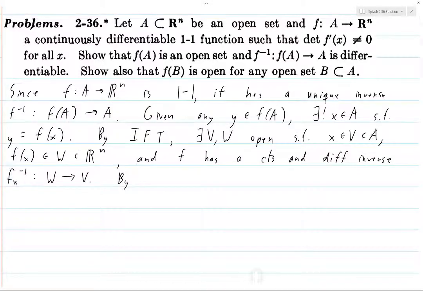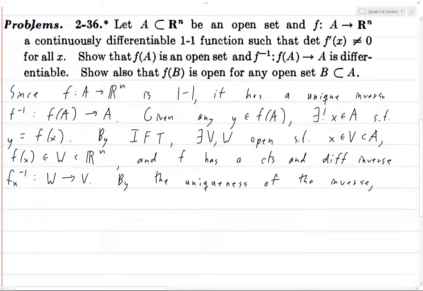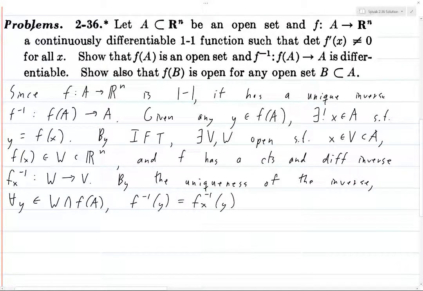However, by the uniqueness of the inverse, for any point y which is in both W and in the image of A, if we take f inverse of y, then that has to be equal to fx inverse of y.